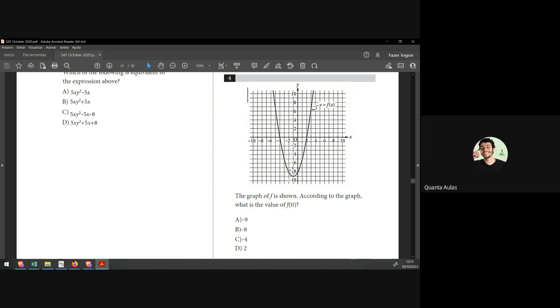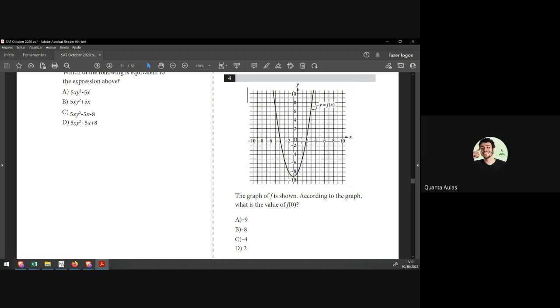No. The value is, just a second. If you have x equals 0, just look at the graph. In the graph, we have the value here, because here we have x equals 0, right? Yes. Just think about it.